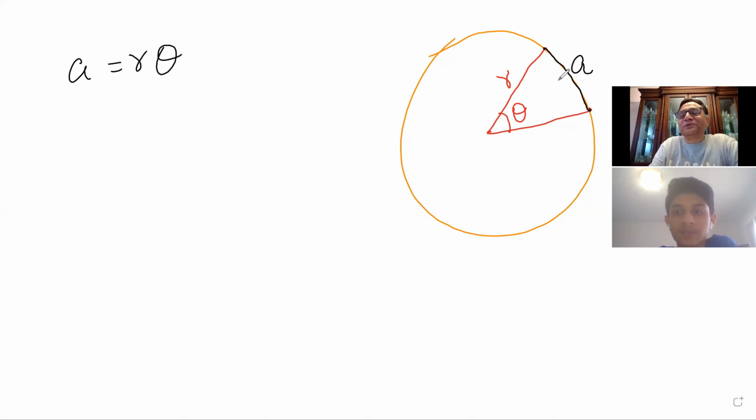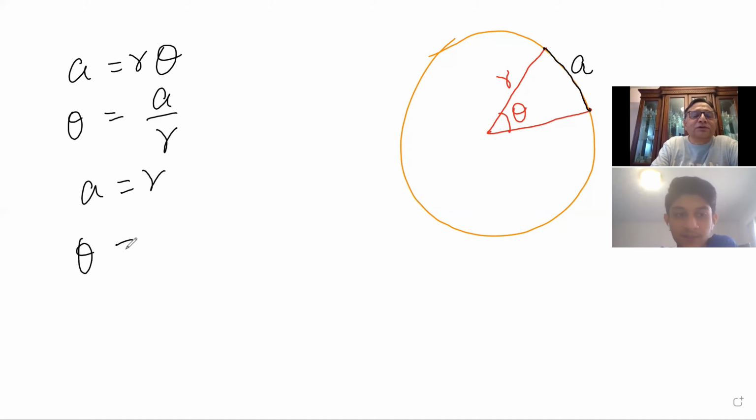A is equal to r times theta. You get the idea? So theta is A over r, right, sir? So theta is equal to A over r. And if A is equal to r, then theta is r over r, which is 1, right? So that is how 1 radian is defined.